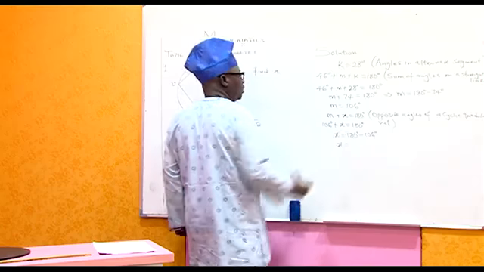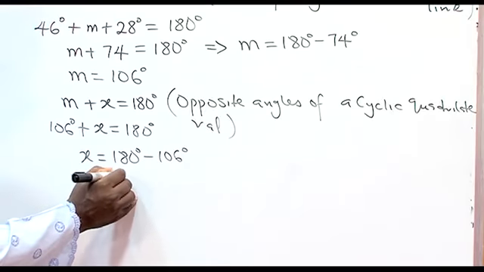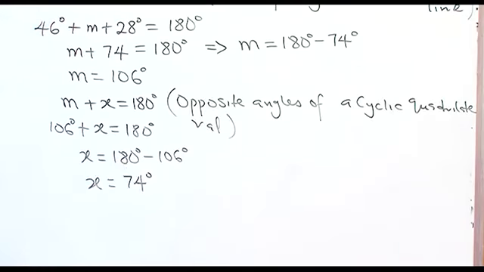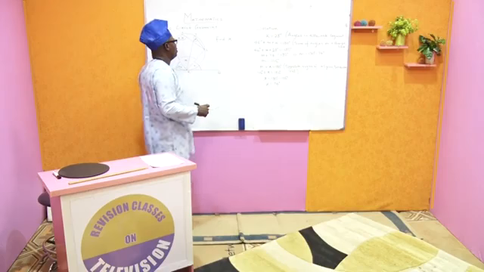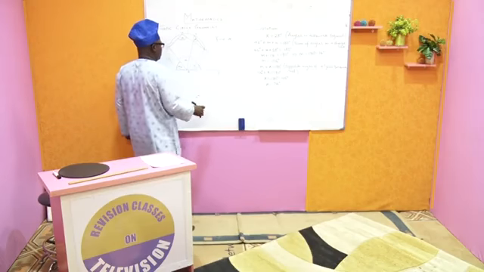So our x, when you do your subtraction, we are going to have 74 degrees. So we have been able to find the value of x.